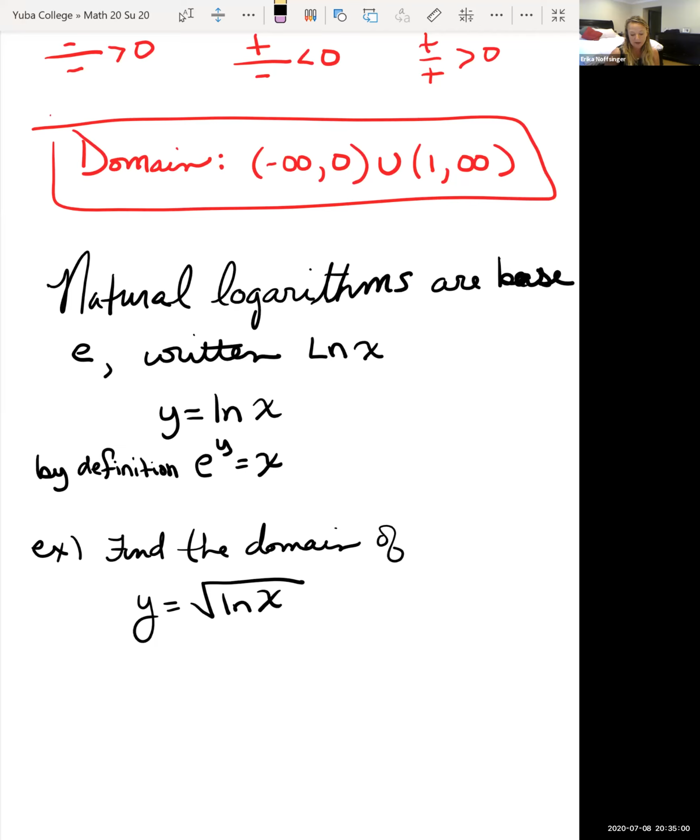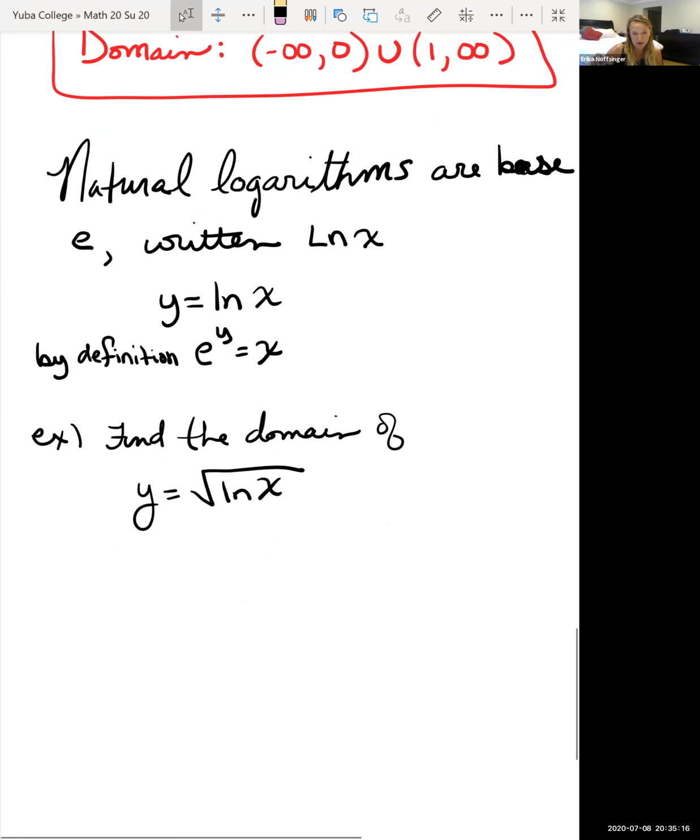We can't have x give us a negative number for the natural log, but we also can't have the natural log, whatever that value is, be negative because of the square root. This is kind of a composition, where we have to worry about one domain and that output giving us problems for the other piece.